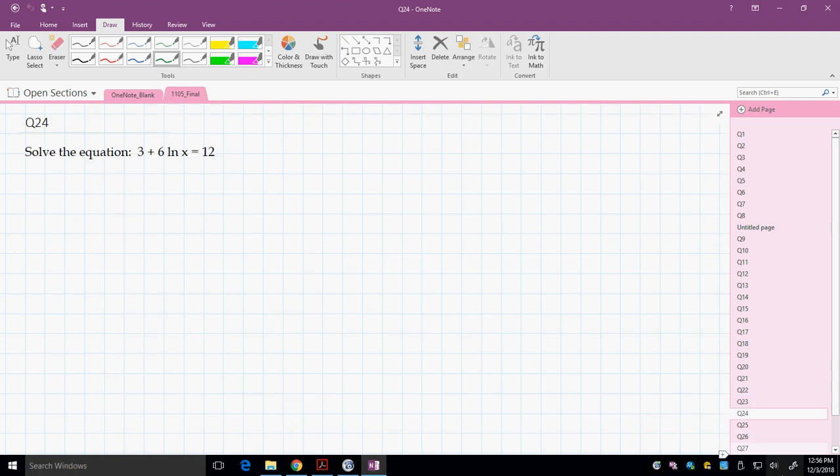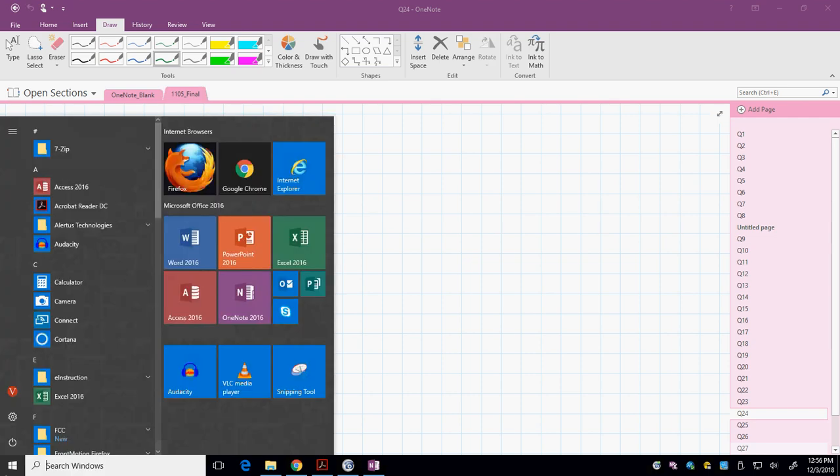Now, question 24. Solve the equation. We're solving for x. In order to do that, we are going to subtract 3.